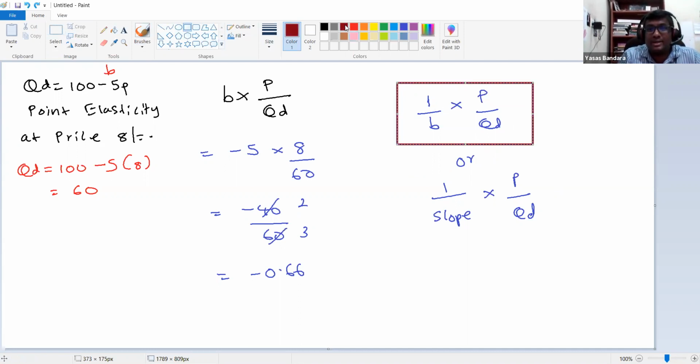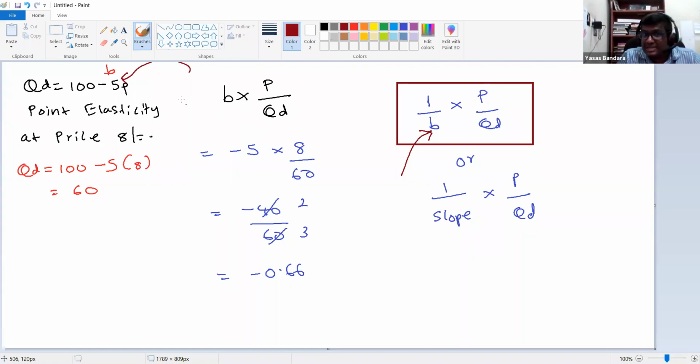Now this is quite confusing to the student, because what they don't tell here is that this B in this elasticity equation and this B in the demand equation are not the same.